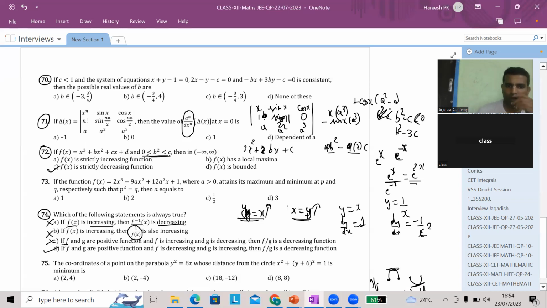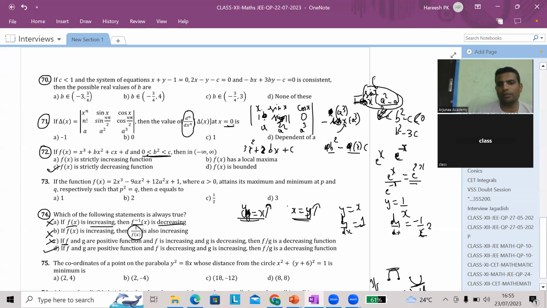Now differentiate this. When you differentiate this, x will go away and sin x will become cos x. Cos x will become minus sin x. And then they're telling put x as 0. So when you put x as 0, 0 into this whole thing will become 0. And cos 0 is 1.